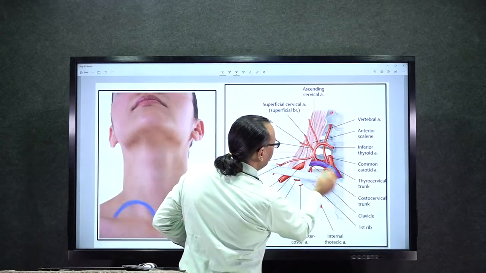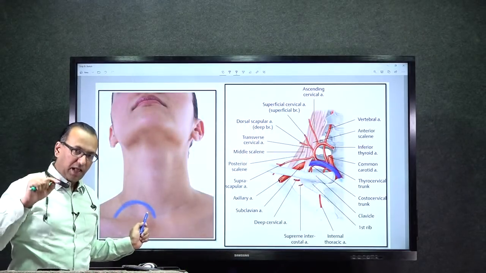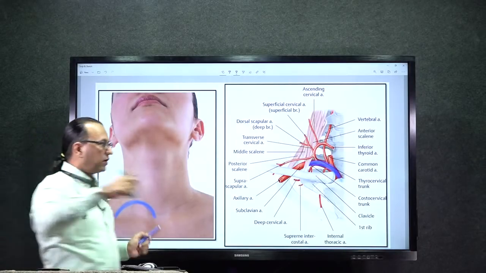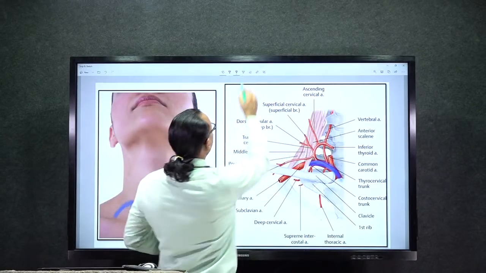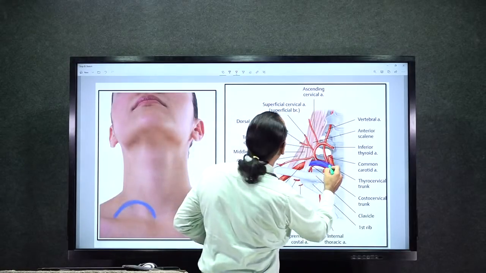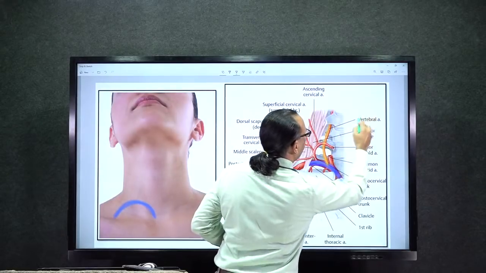And this first part of the subclavian artery is going to give us three branches, VIT. In the three branches, what is this V for? As you see, the first part of the subclavian artery giving us the three branches, and this is one branch which is going up, the vertebral artery.